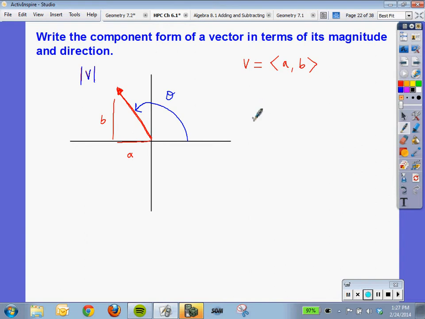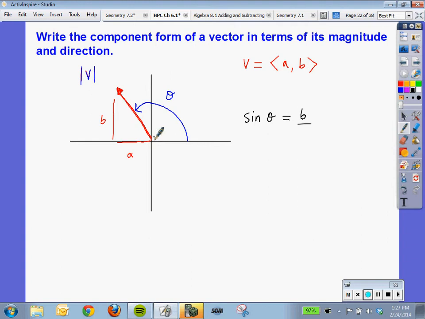We're going to use the sine of theta and cosine of theta. So what is sine of theta equal to, you guys? Y over r. Now, what is our y value here, and what's our r value? The y value is the b.